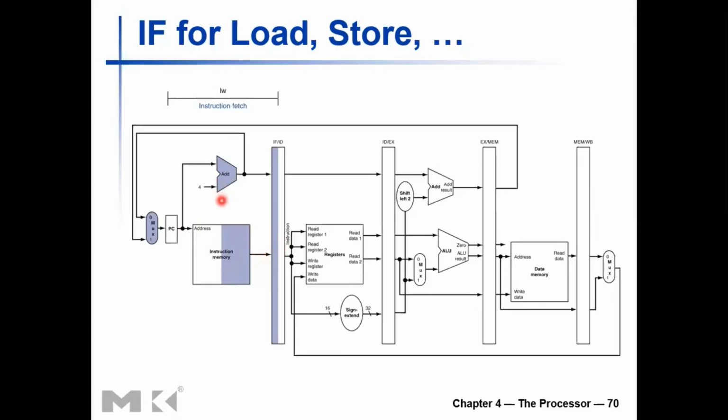And at the same time, in parallel to what the instruction memory is doing, once the new address in the PC is read, you can have the adder add 4 to that PC value to prepare the next instruction's address, assuming you're going to the next instruction in sequence, not jumping to a different instruction, either forward or backward.